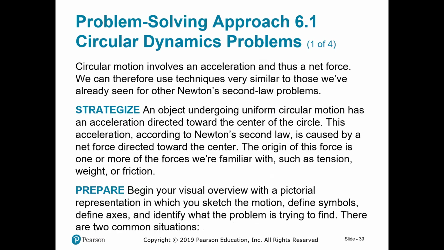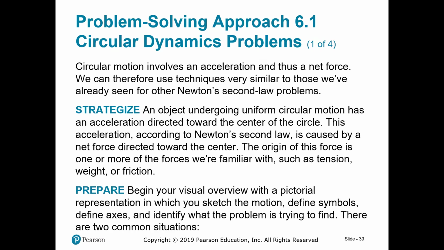And then this is a summary, right? Circular motion involves an acceleration, so it has a net force toward the center of the circle. We can therefore use techniques very similar to those we used in chapter 5. The very first step is to identify all forces acting on the object, then draw the force diagram, and then find the net force acting on the object.